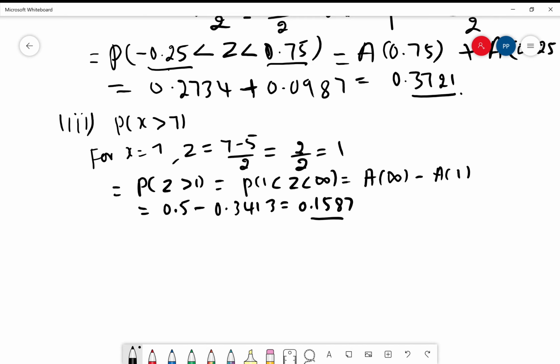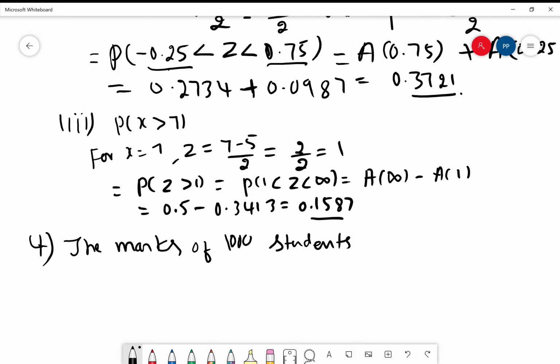Okay. Now next we take a slightly different kind of problem, where one additional thing is included. First I'll read out the problem. I'll write it on this whiteboard. The problem says that the marks of 1,000 students in an examination is normally distributed, or it follows normal distribution.